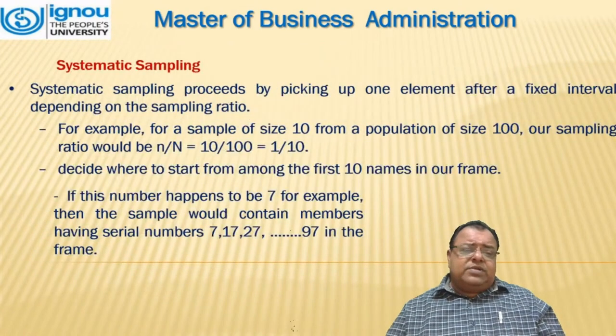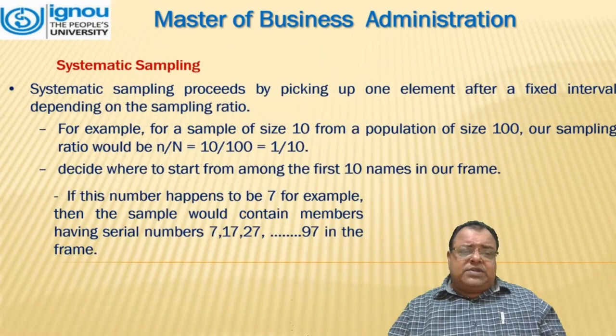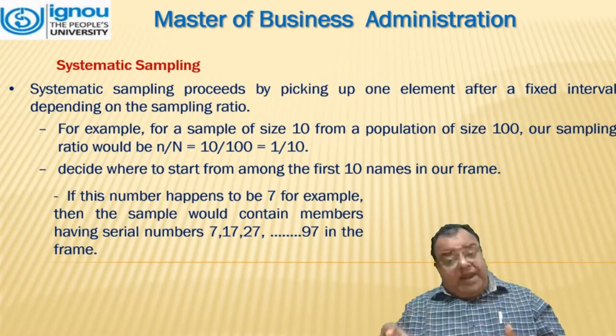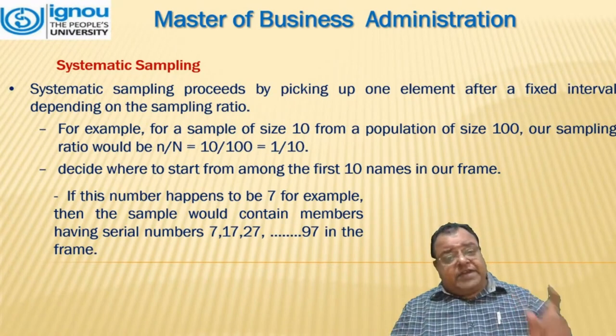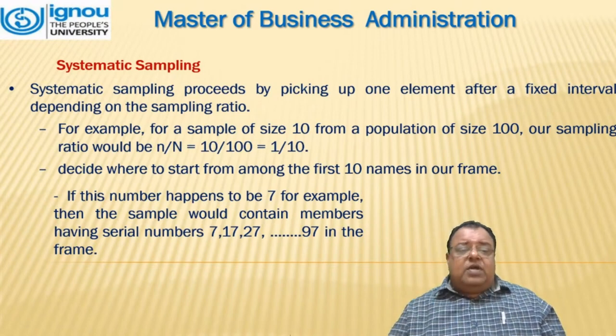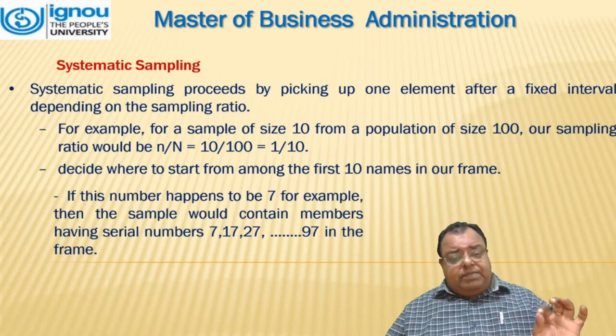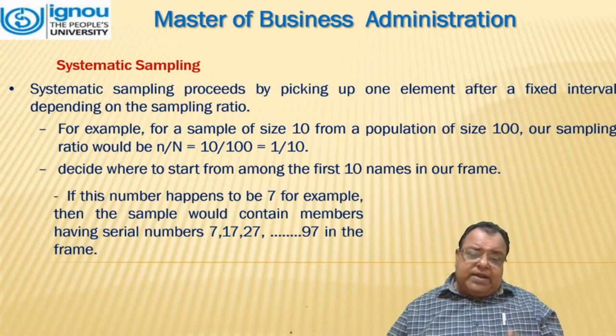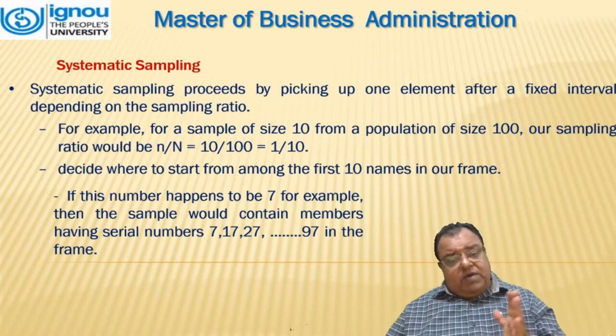Then comes your systematic sampling. Systematic sampling proceeds by picking up one element after a fixed interval depending upon the sampling rate. For example, for a sample of 10 from a population of size 100, our sampling ratio will be 10 by 100, that means 1 by 10.